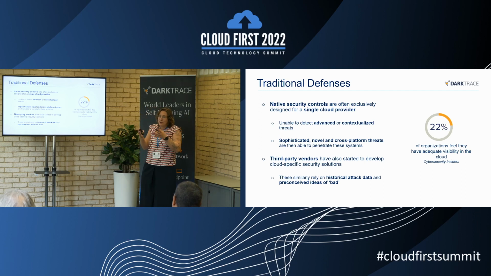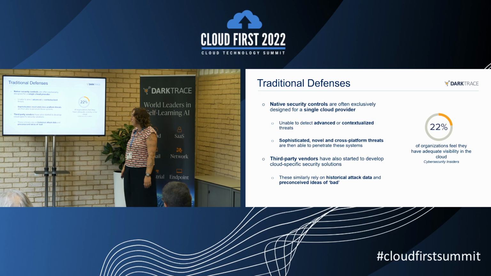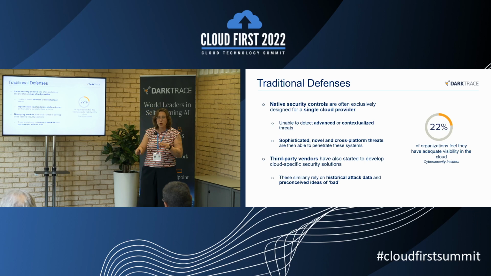But they therefore cannot realize when there's an unknown, when there's a zero day. They can just not find these because they solely rely on this past attack data and this preconceived idea of bad. So we know if there is a connection to this endpoint, it's all based on rules and signatures.